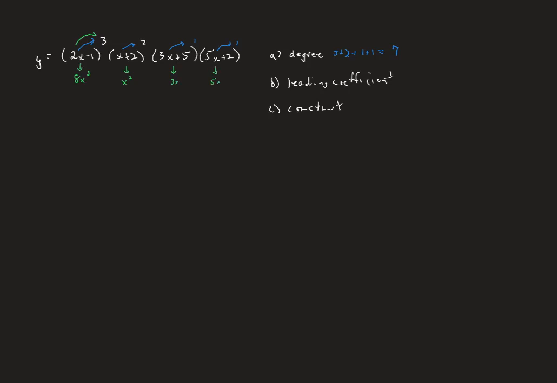These all multiply each other, and here you can see again our x to the 7th term, with a coefficient of 8 times 1 times 3 times 5. 8 times 5 is 40, 40 times 3 is 120. So the leading coefficient is going to be 120.